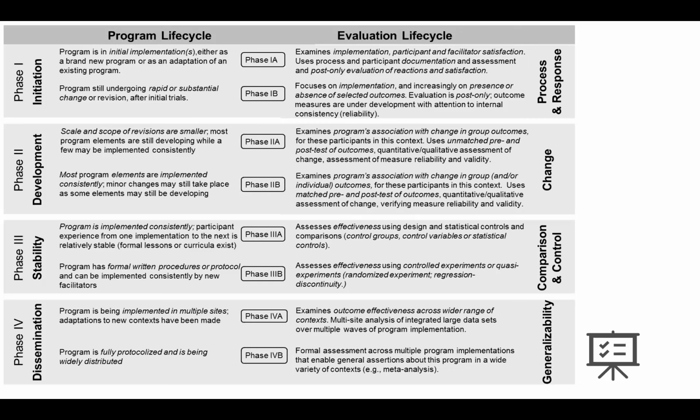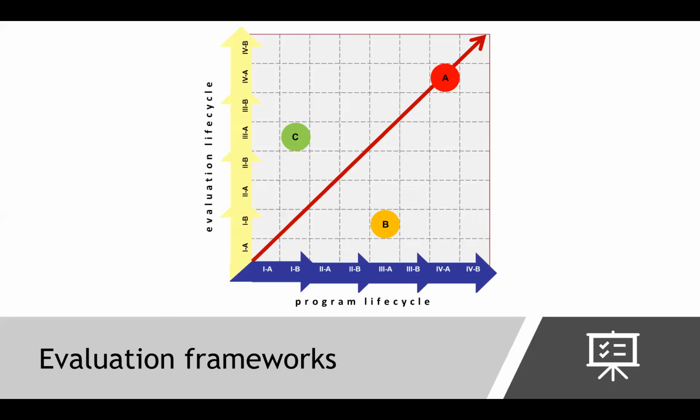So the real point here is that to do high quality evaluation, you need to have good alignment between the evaluation lifecycle and the program lifecycle. And there are particular types of evaluation questions and evaluation outcomes or program outcomes which are more or less appropriate given where you are on this developmental stage.